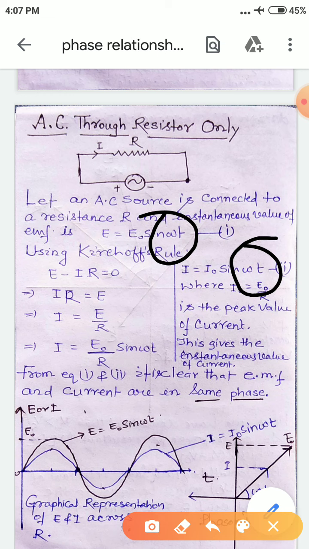Same phase means both become minimum at the same time, both become maximum at the same time, which is clear from the graphical representation of E and I. You can see here both are minimum at the same time, here both are maximum, here again both are 0, here again both are maximum. So current and voltage both become 0 and maximum at the same time, and that too in the same direction. If they are maximum in the positive direction, then both are positive. If they are maximum in the negative direction, then both are maximum in the negative direction.